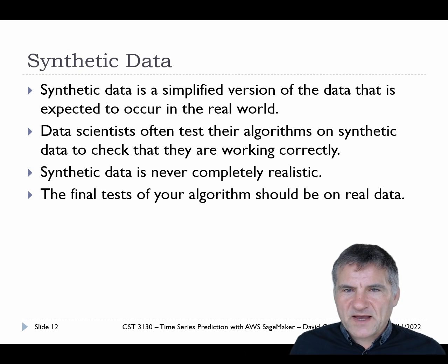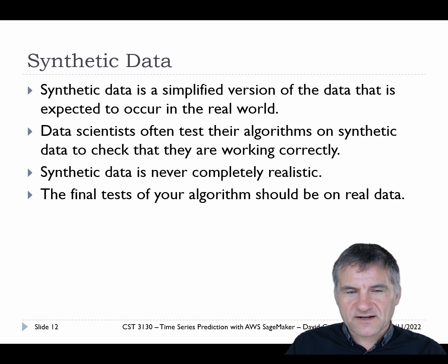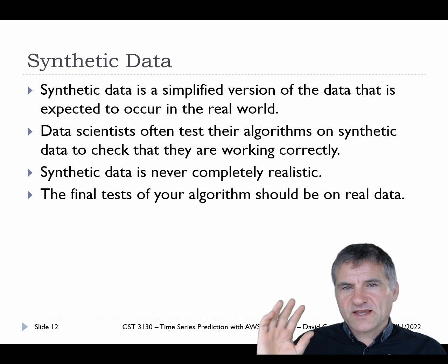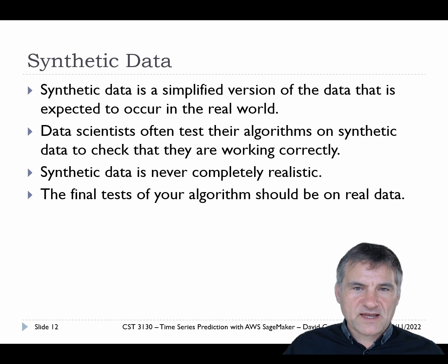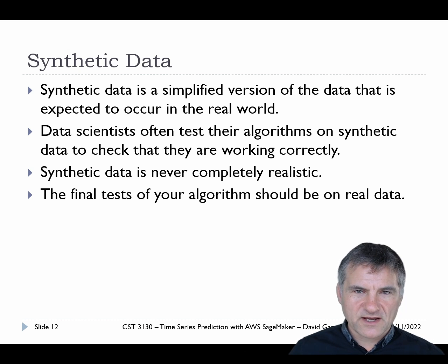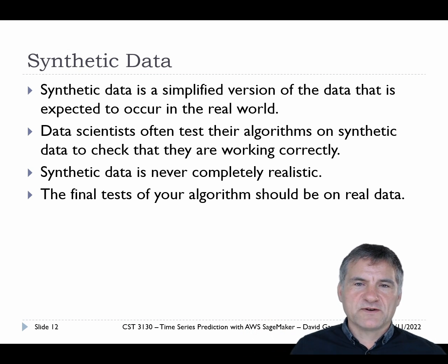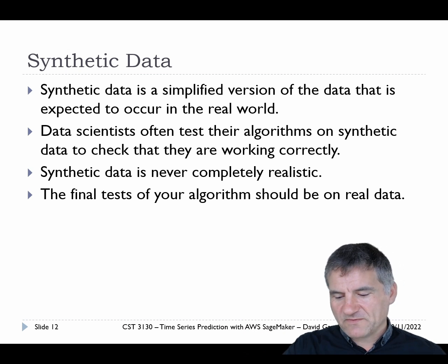It's just a guess about what the data should look like, but because we know exactly what future values of that data look like and what the rules are that are used to generate those future values, we can then see if the machine learning algorithm is picking up those rules and accurately making future predictions. So it's often a good idea to check your machine learning algorithm on synthetic data. But obviously the final test of your algorithm should be on real data, because synthetic data is generally a lot easier to make predictions about than real world data.